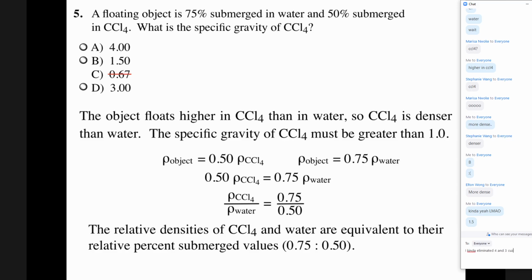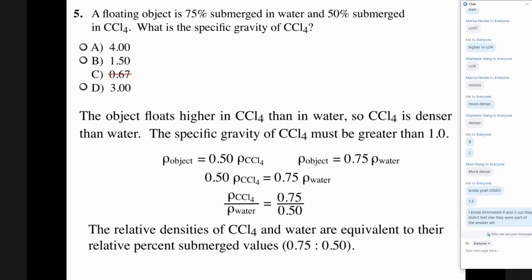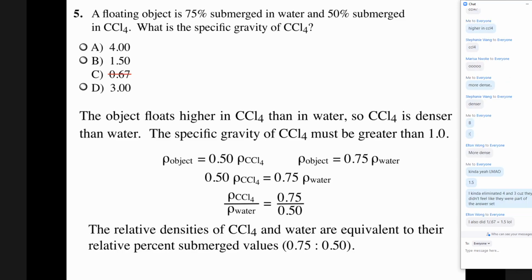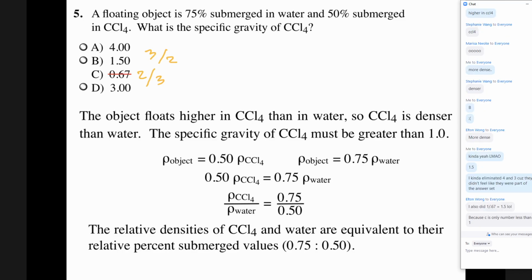Dang, I lucked out because I thought something was right, and lo and behold, it was. Is that okay to do on the MCAT? Not be 100% sure, but use logic you normally do and have it work out? Yeah, and 1 divided by 0.67, if you know that these are inverses. So if you recognize that that's 3/2 and that's 2/3, then you know something's going on there, that there's probably some number.